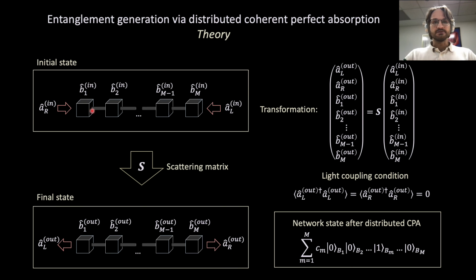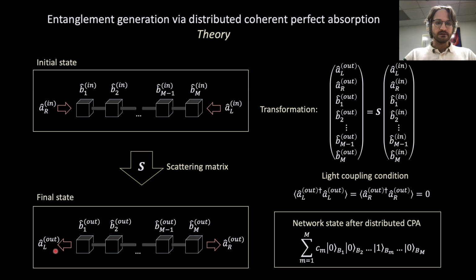On this slide, I show you a theoretical analysis of periodically arranged quantum systems. Each node of the system is characterized by its own amplitude, and we have two light modes coming from the right and coming from the left.